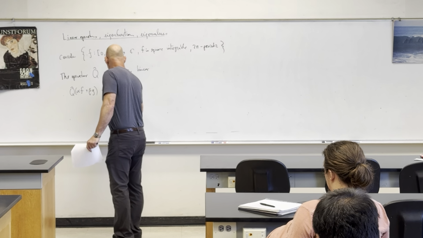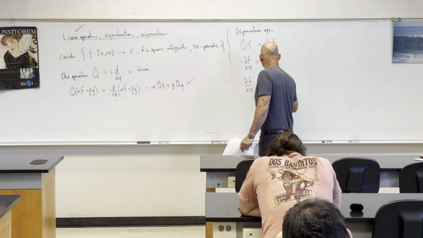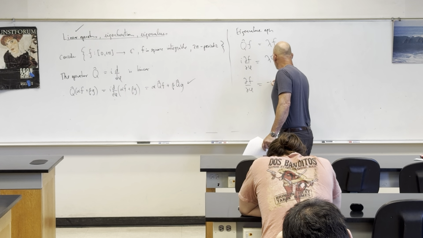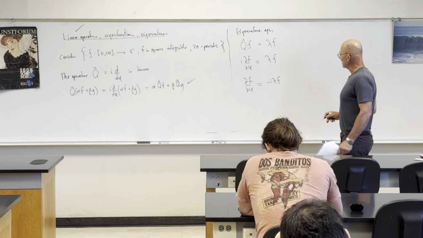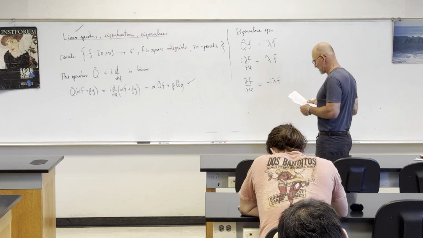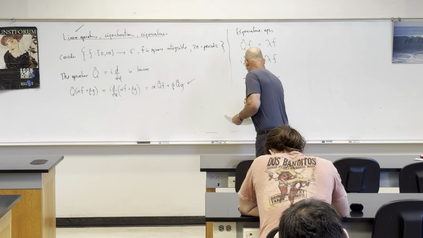It's Q hat F equals lambda F. Of course, in this case, it's a differential equation, so we have i dF d phi is equal to lambda times F. Multiplying both sides by minus i, we get dF d phi is equal to minus i lambda F. And that is one of our exponential functions.